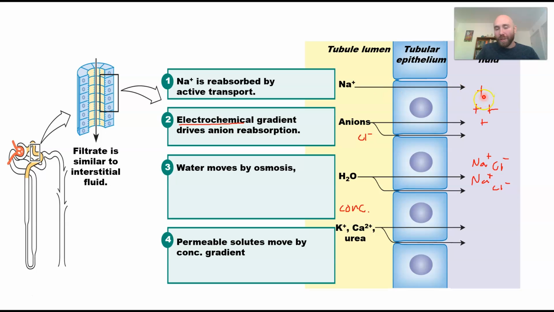So how does glucose get back? Remember, glucose is a big polar molecule, not going to be able to just pop across these cells like these smaller ions and this water can do. So how is glucose going to get back? The exact same way that we talked about in the beginning of the semester when we were talking about the movement of glucose from the intestinal lumen into the blood.